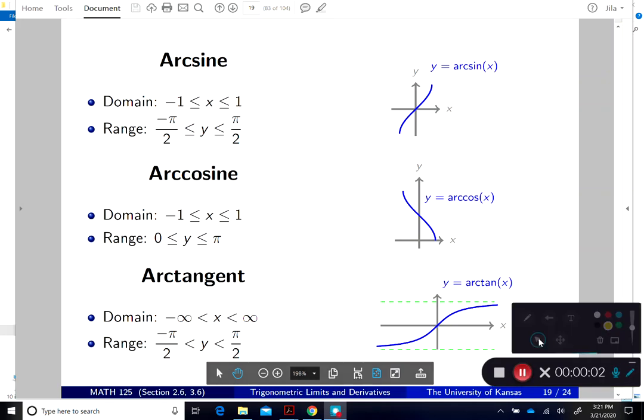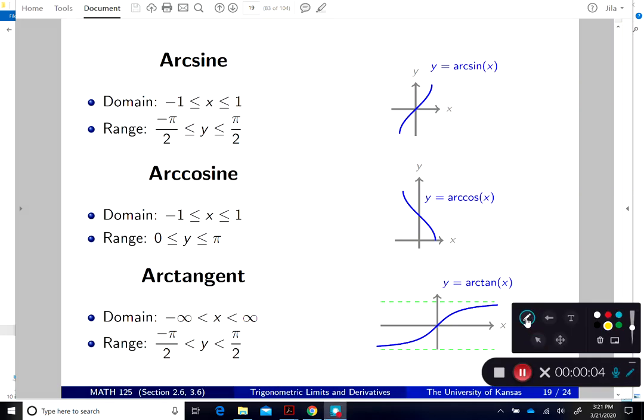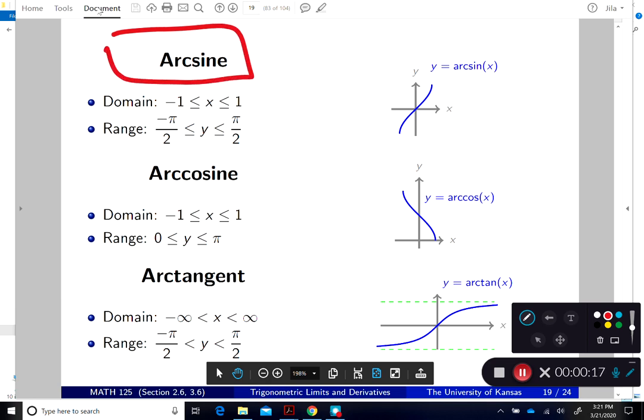So in this video, we're trying to review arc functions, or arc trig functions, basically. So let's go back to arcsine. What is an arcsine? For arcsine, the input is a ratio, and the output is a radian value. The input goes from -1 to 1.